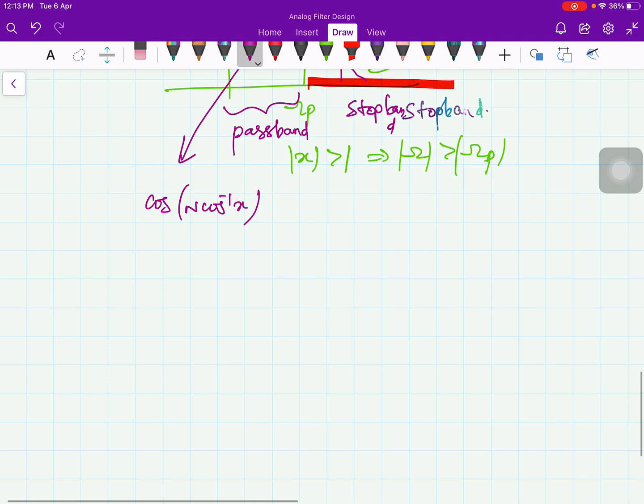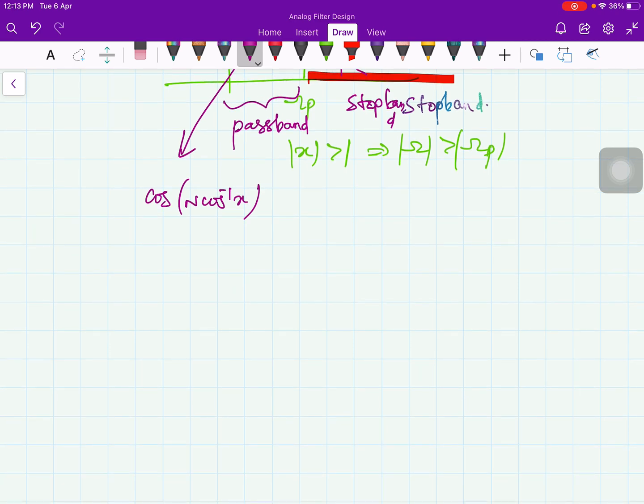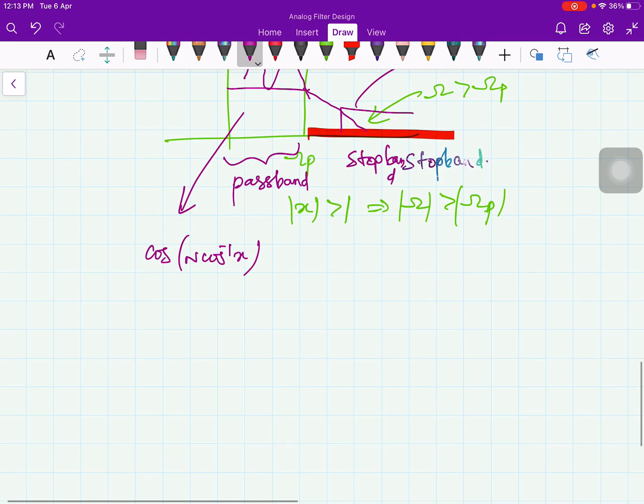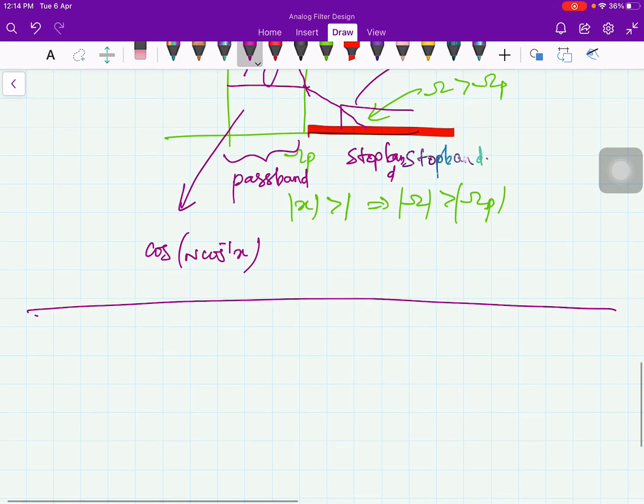Therefore beyond the pass band the characteristic would be monotonic, and in the pass band it will be oscillatory, which is the characteristic of the Chebyshev filter. Now let us get familiarized with these Chebyshev polynomials.